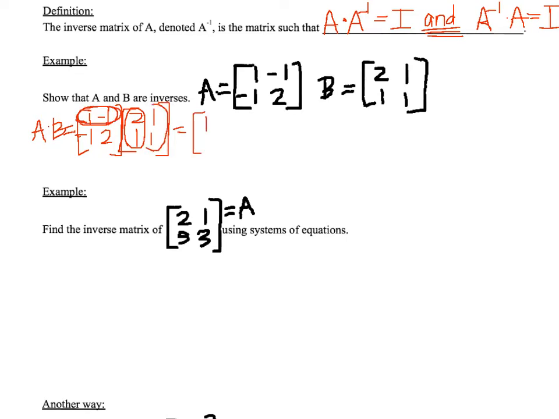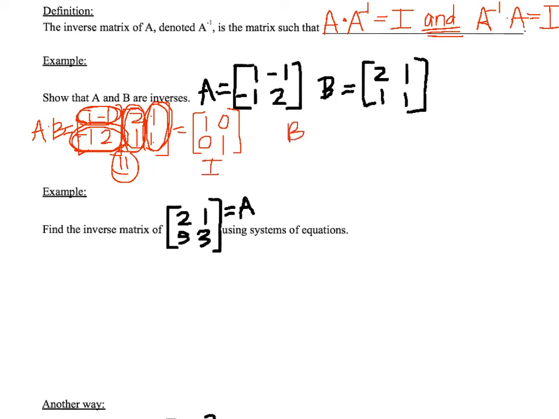First row, second column says 1 times 1 plus -1 times 1 equals 0. And I go second row, first column, -1 times 2 plus 2 times 1 is 0. And second row, second column says -1 times 1 plus 2 times 1, which is 1. And this is the identity matrix. So that's a good thing as we go through.